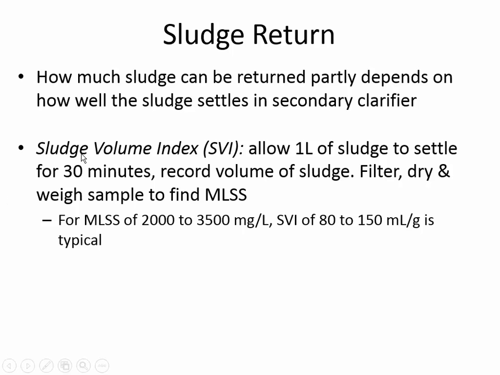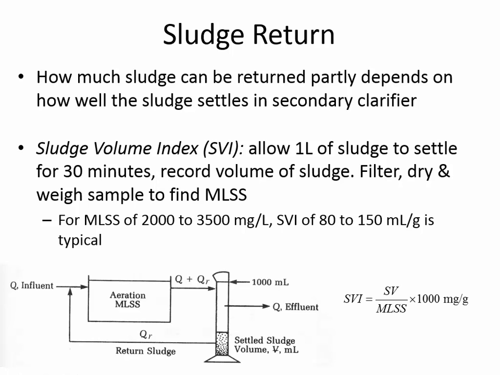There's a parameter called the sludge volume index that characterizes how easy it is for sludge to settle downward. And the way that the sludge volume index is calculated is that you take a sample from the aeration basin and you put it in a graduated cylinder, which is that glass tube that has all of the markings on it.